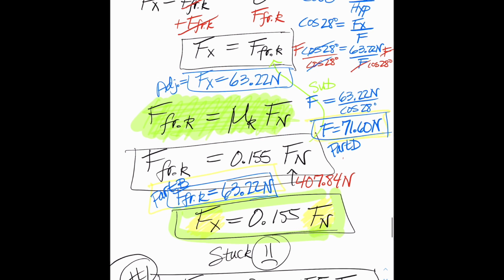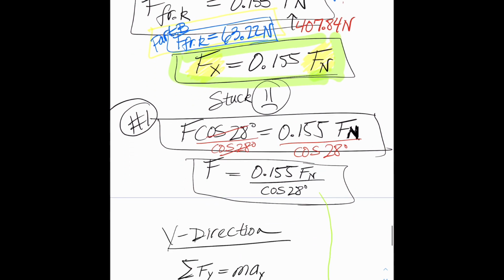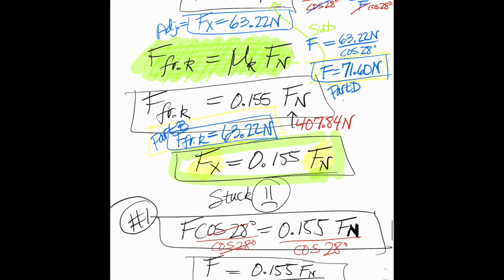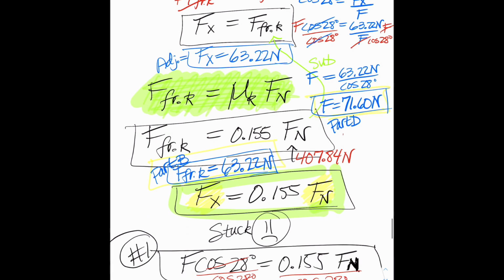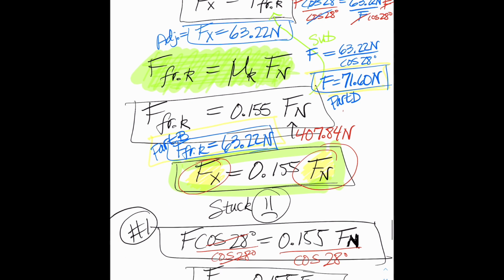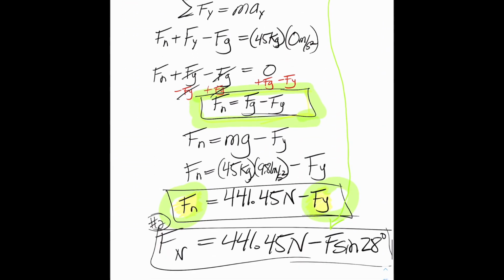There's so much highlight on here and so many things that I wrote down. Oh, I can see it. I had to pick a different color. And there's our third unknown, right? And Fn was on there twice. So we have 1, 2, and 3 unknowns.